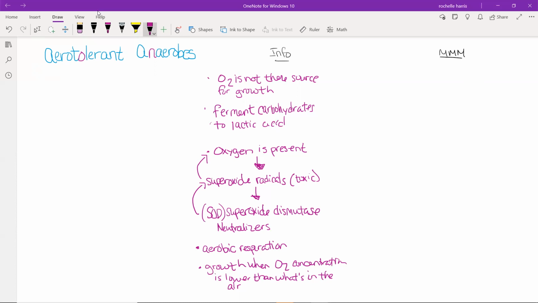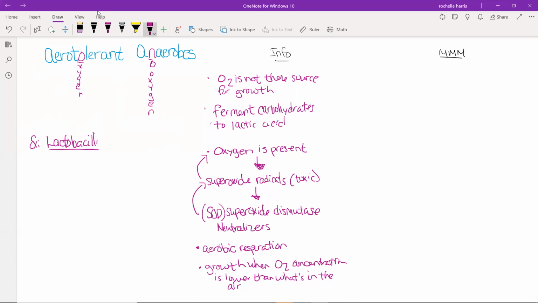So we see aerotolerance. We're using the O for oxygen, and we are using the N for no oxygen. An example here is lactobacilli.